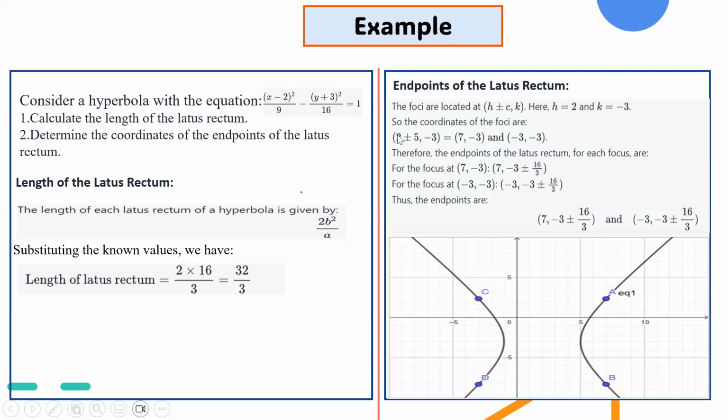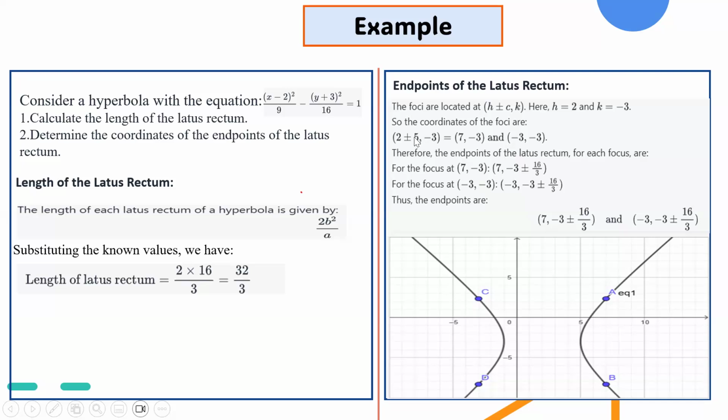We use the formula c squared equals a squared plus b squared. That will be equal to the square root of 9 plus 16, which gives us the square root of 25. And the square root of 25 is equal to 5. That's how we derive the value for C, which is equal to 5.